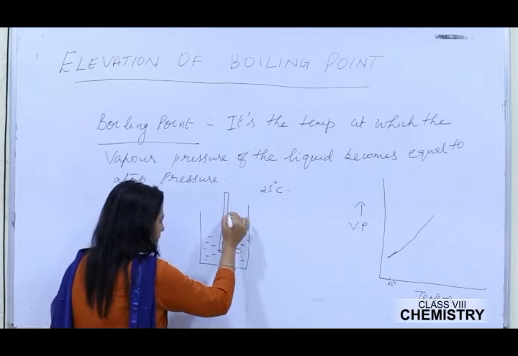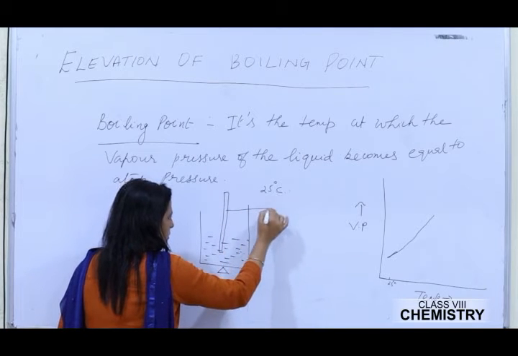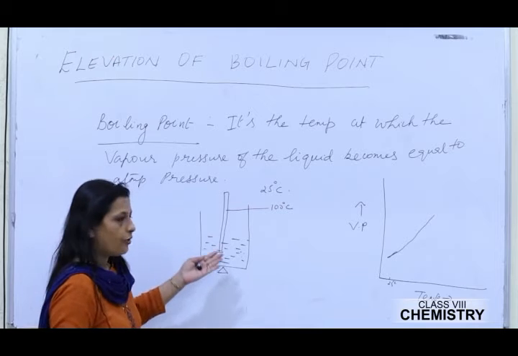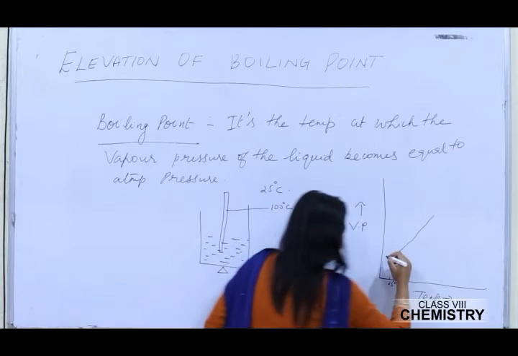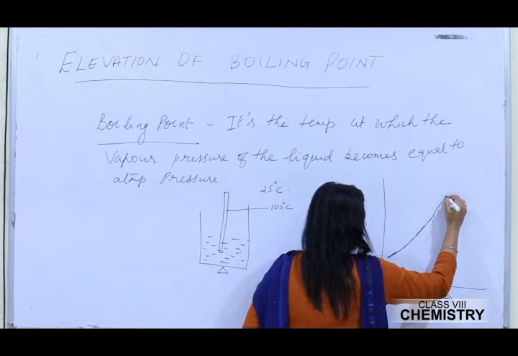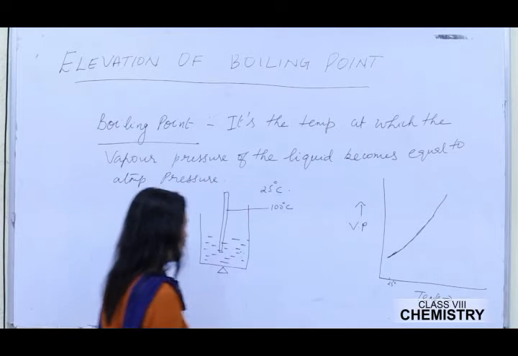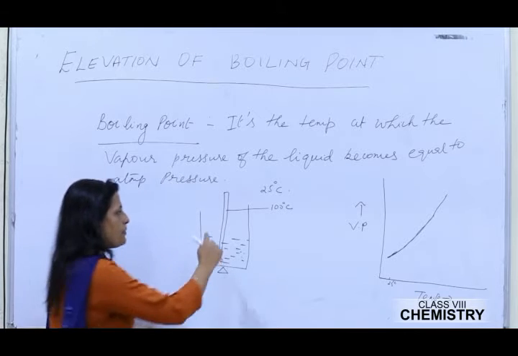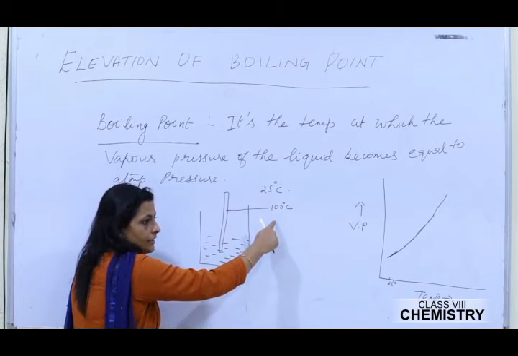Now the temperature in the thermometer is reaching 100 degrees C, and you see the water is boiling. Suppose this much is 100 degrees C. Again you are supplying heat, but what do you observe? The temperature in the thermometer is not increasing.